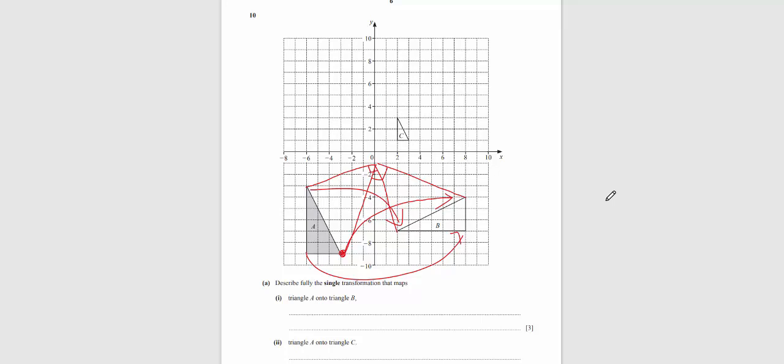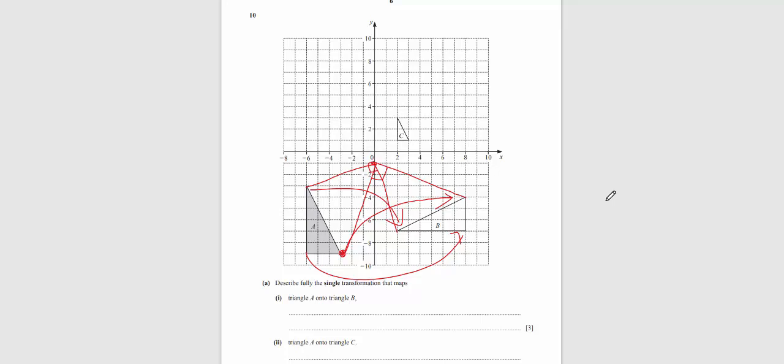So they actually rotate 90 degrees in the anti-clockwise direction with the center of the rotation at this point, 0, -1.